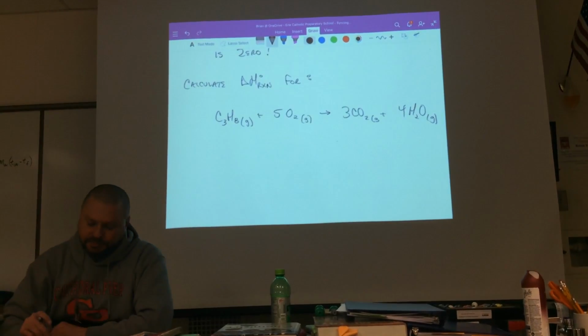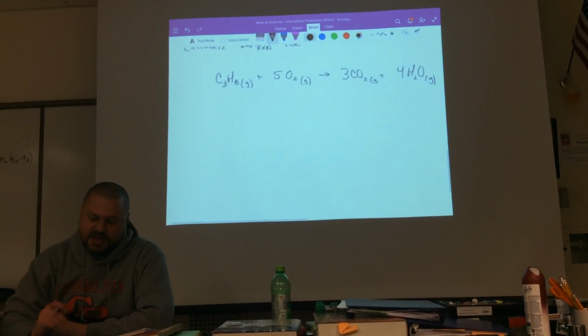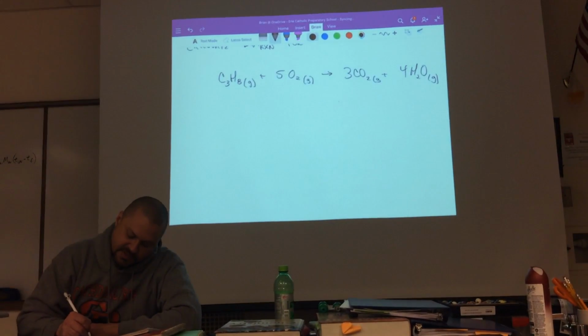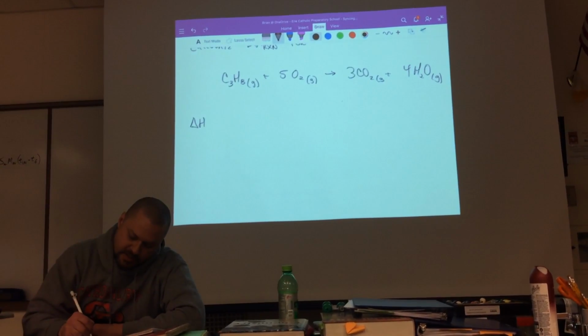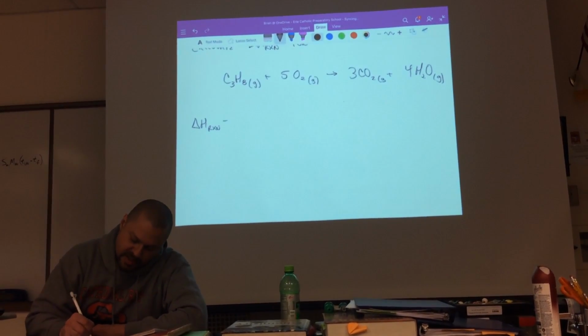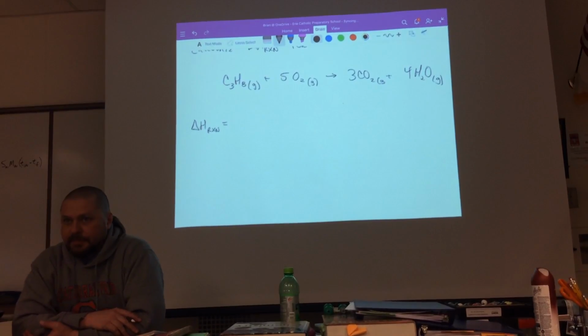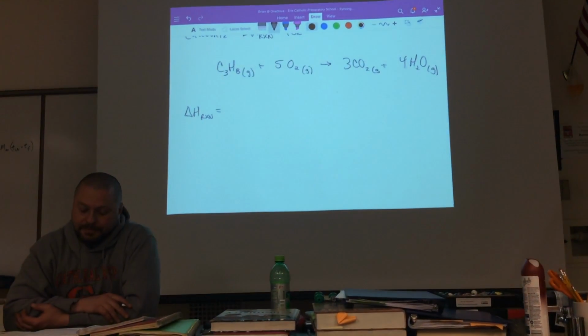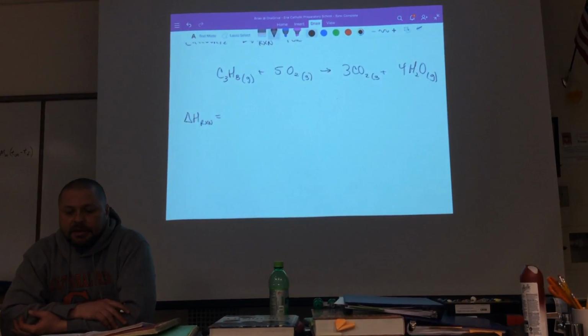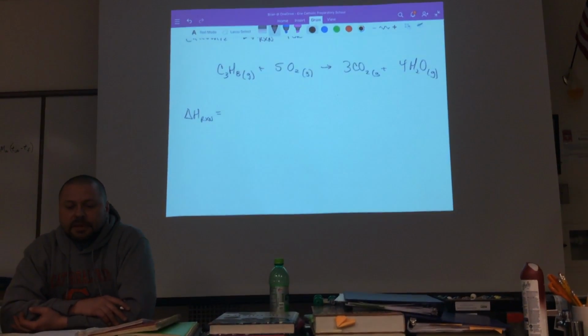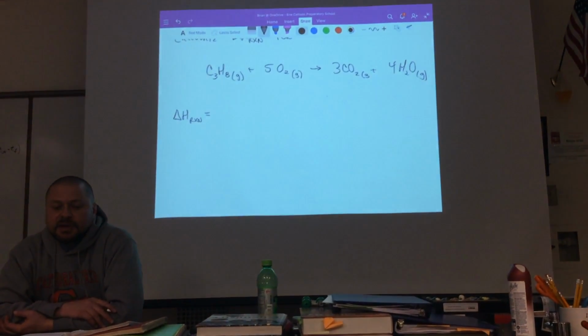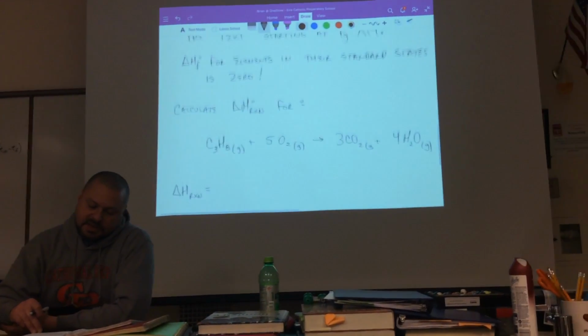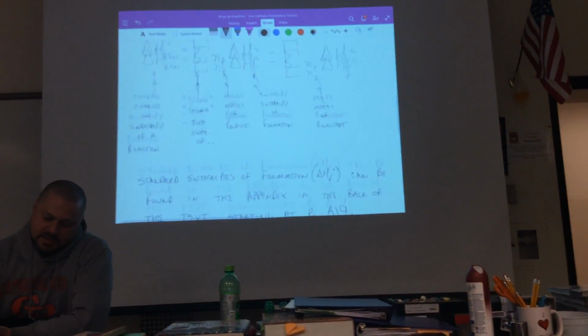Okay. All right, now, our little sigma equation says delta H for the reaction is equal to the sum of. We start out with that sigma, right? All right, so now when you do this, back up to this equation.